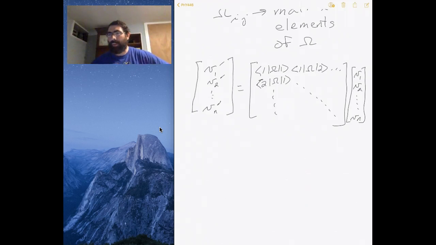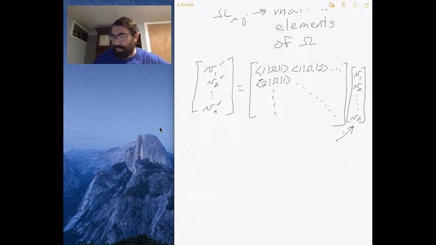So I'm basically taking my original column vector v right here, and I'm operating with this n by n matrix, where I've now got all of these matrix elements, basically the projections of direction j on the new transformed basis I, and creating a new vector v prime out of that.